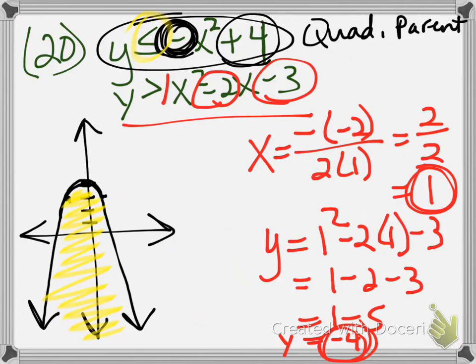So when I go over to 1, negative 4, and put my vertex point down there, this time the slope, well, you can use the slope as 1, or remember, very important, the y-intercept is negative 3 right there.